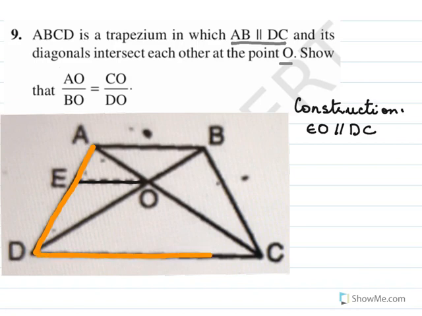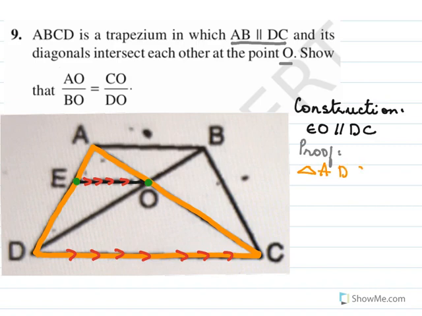Look at the triangle ADC, this triangle, and we have this line that is parallel. EO, here this EO is parallel to DC. So we can now use BPT, which means these 2 points E and O divide the sides in equal ratios.